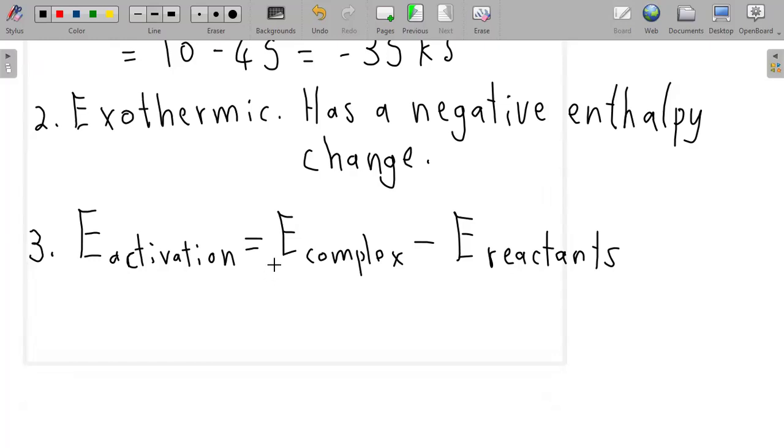The activated complex is at the top, see?